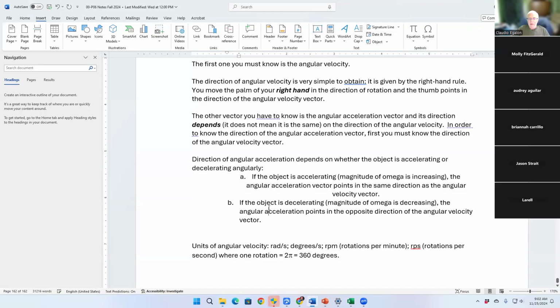On the other hand, if the object is decelerating, the magnitude of omega is decreasing, and the angular acceleration points in the opposite direction of the angular velocity vector. Okay? So that's simple.